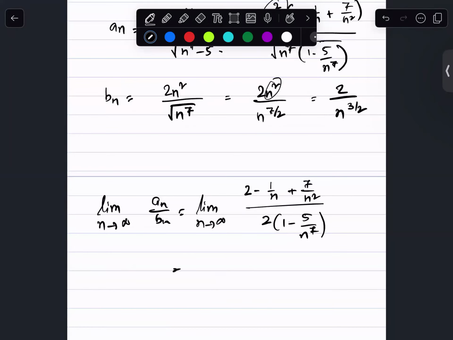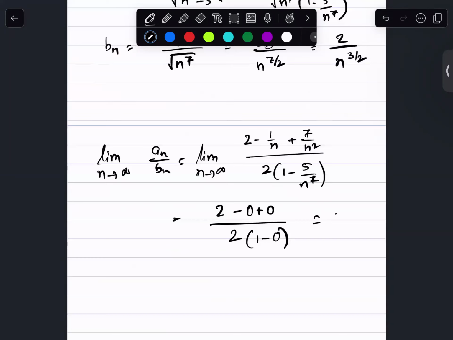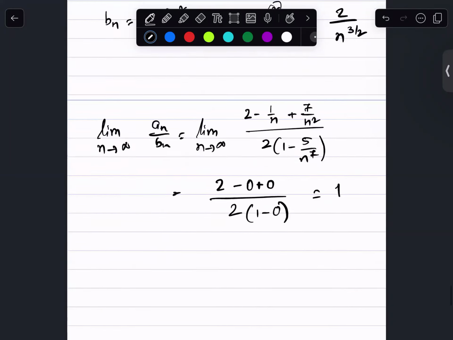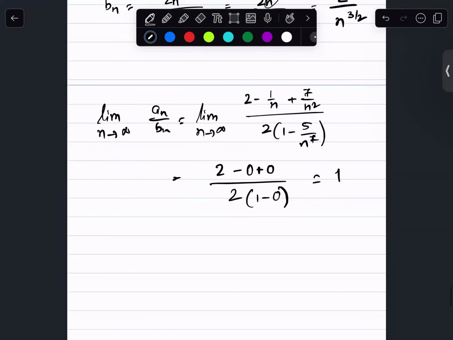So this is nothing but 2 minus 0 plus 0 over 2 times 1 minus 0, right? This is 2 over 2, which is 1. So again, by result 1 of the limit comparison test, I can say that summation an and summation bn converge or diverge together.